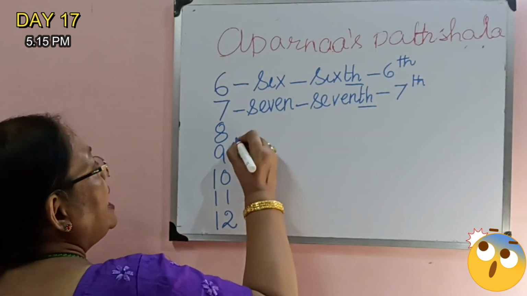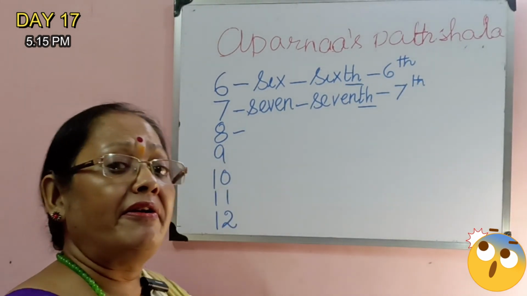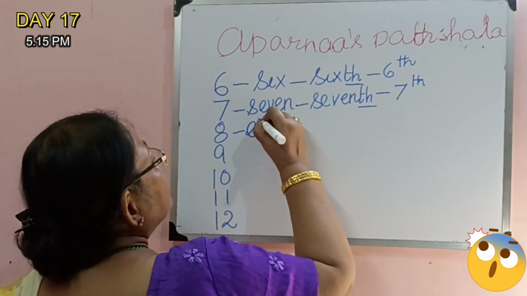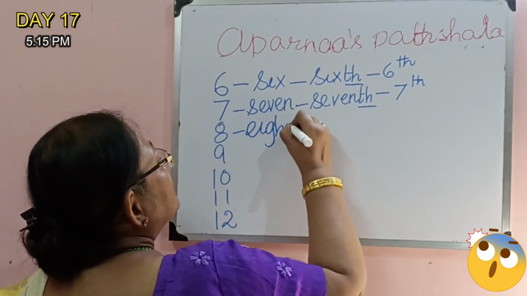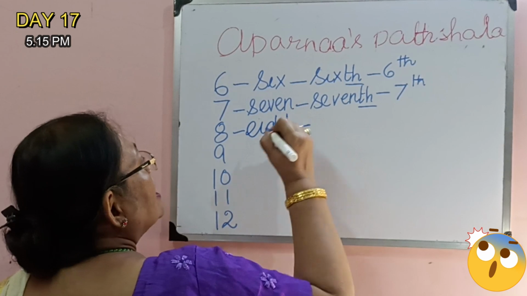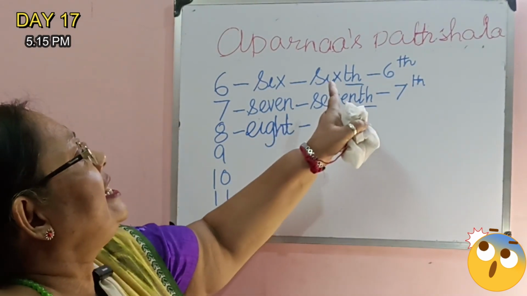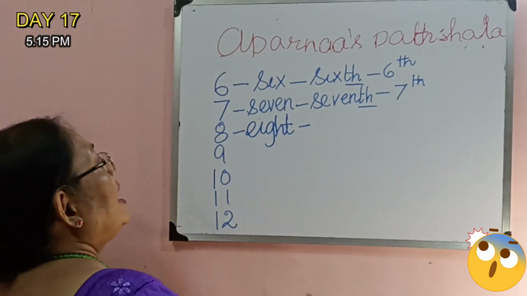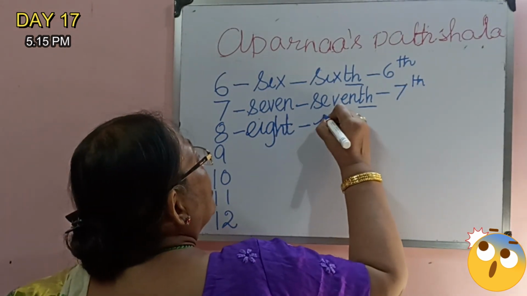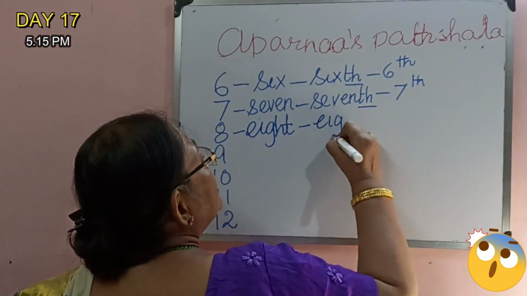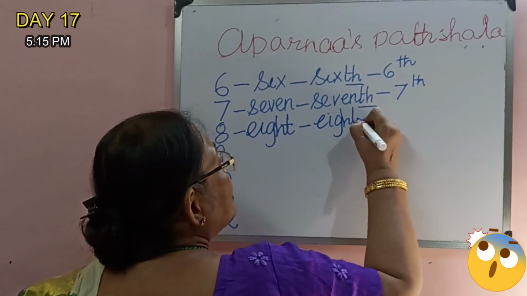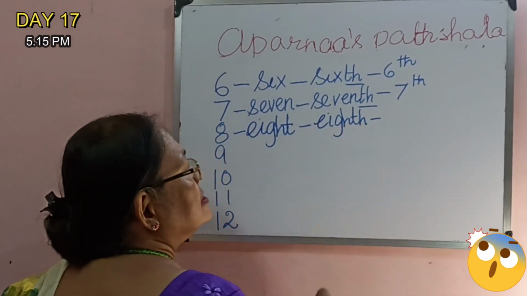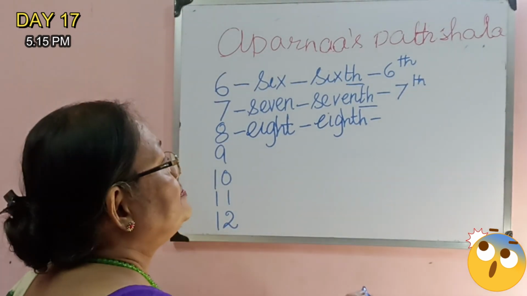Now comes 8. This is a very important part. See, the spelling of 8 is E-I-G-H-T. We are adding TH to every spelling. So 8, E-I-G-H-T, and there only you put H. That's all.